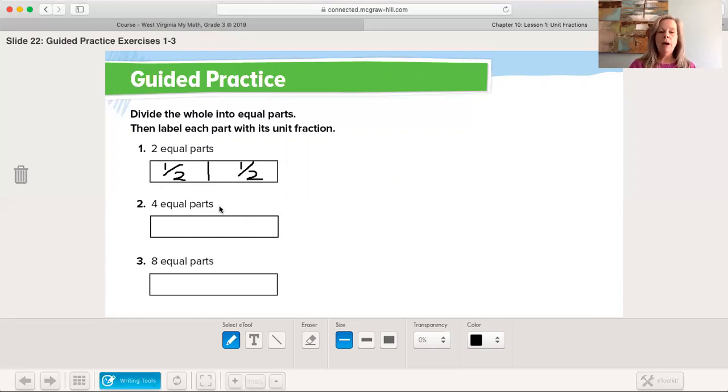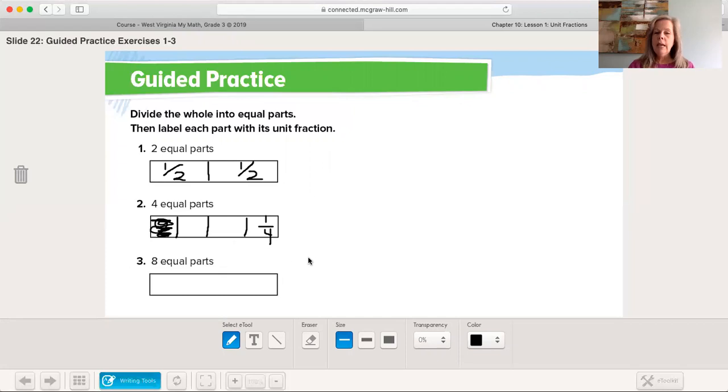Now let's divide the second one into 4 equal parts. Remember how we did that? Divide it in half and then divide the half in half. So now we have 4 equal parts. And that's called 1/4. And that is our fractional part. That's our unit fraction.